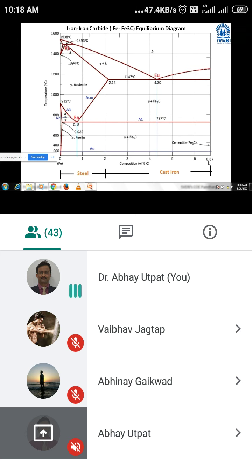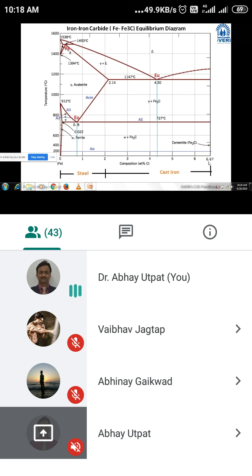The maximum solubility of carbon in iron is 6.67. Beyond it, it will be just carbon and carbon-rich phase, which is of absolutely no use. That's why we have plotted the diagram for iron and carbon up to a maximum of 6.67%.